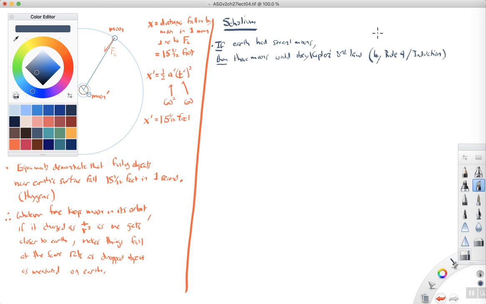So if you had the Earth right here, and several different moons orbiting the Earth at different radii, then by rule 4, or the principle of induction, by looking at all the other planets and moons, those moons of the Earth, moon 1, 2, and 3, and however many we want, would all obey Kepler's third law as well. Okay, where does he go from here?